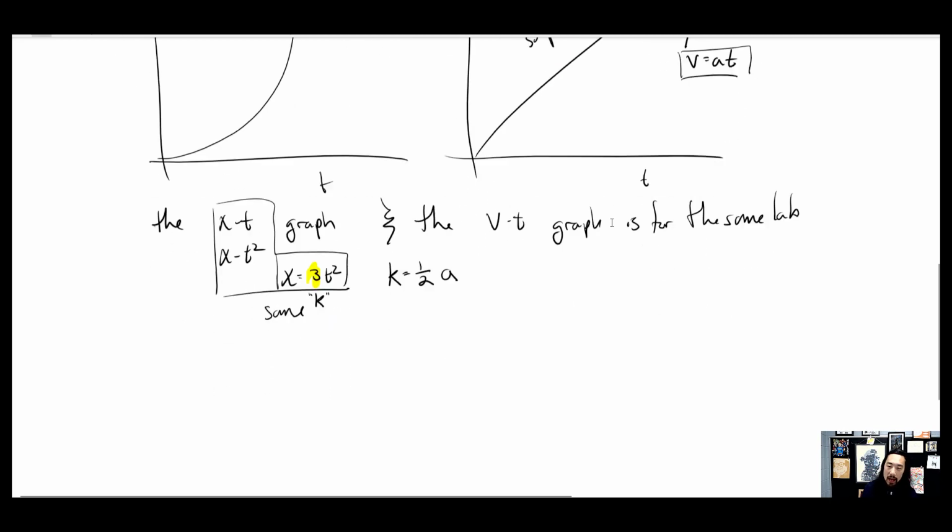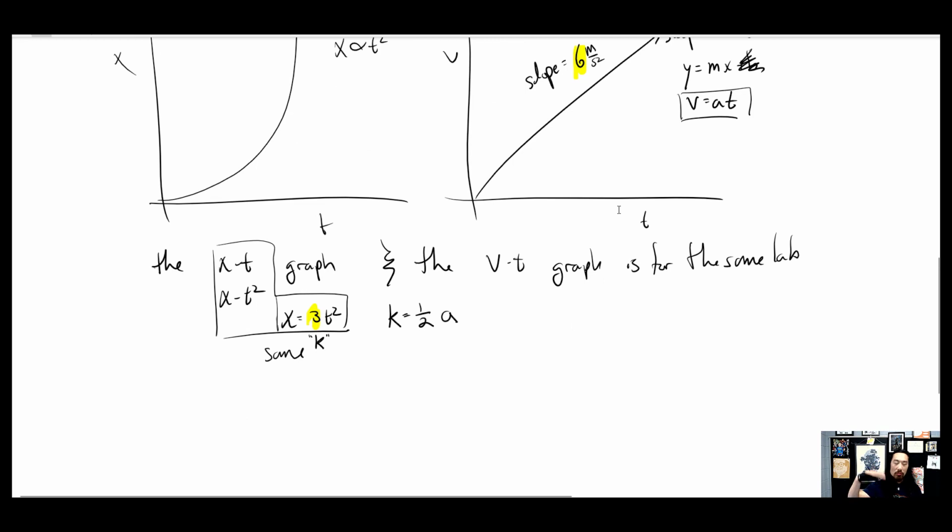Now, with that, we can actually come up with one of our very first equations for an object that is speeding up. And this is an equation that we will find on the formula sheet. So ta-da, we finally made it to the formula sheet. We can say that position is equal to, okay, so the k value, I'm substituting in k in for 3, 1/2 a t squared.